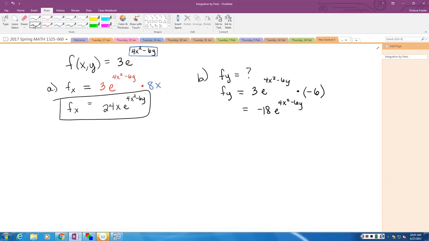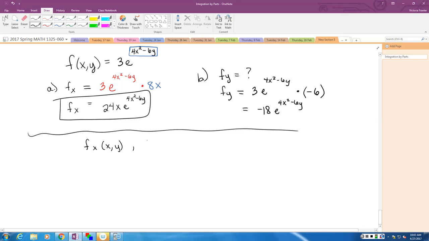Okay, so do we have any questions on that? Okay, let's try another one. So we're warming back up to our derivative rules. I'm going to draw a line here. We're going to find the partial derivatives with respect to x and respect to y. And then we're going to evaluate the partial of f with respect to x at the point -1, 2.